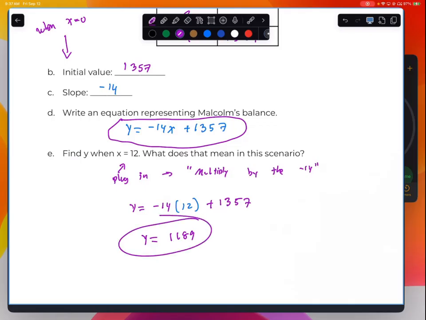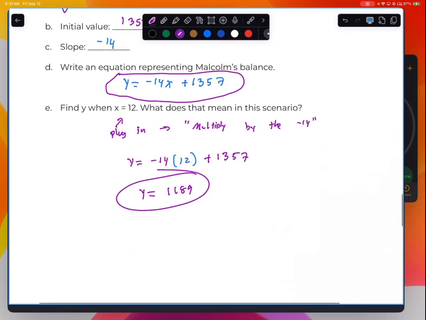And what does that number represent, somebody? It represents how much Malcolm has, $1,189 from when? In 12 months, also known as? 12 months is also known as a year.